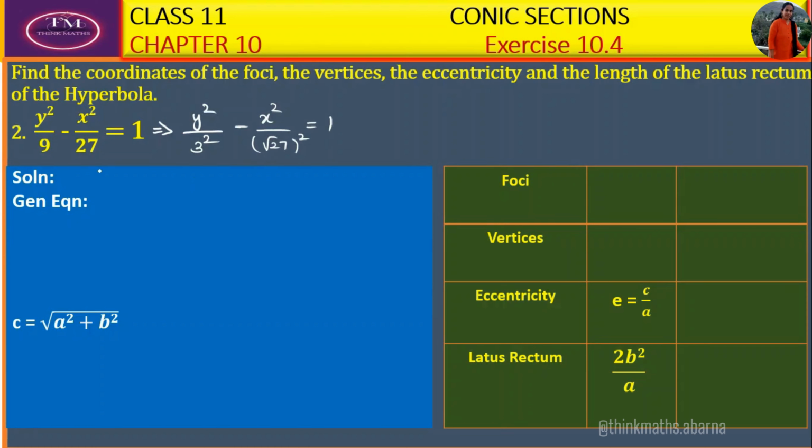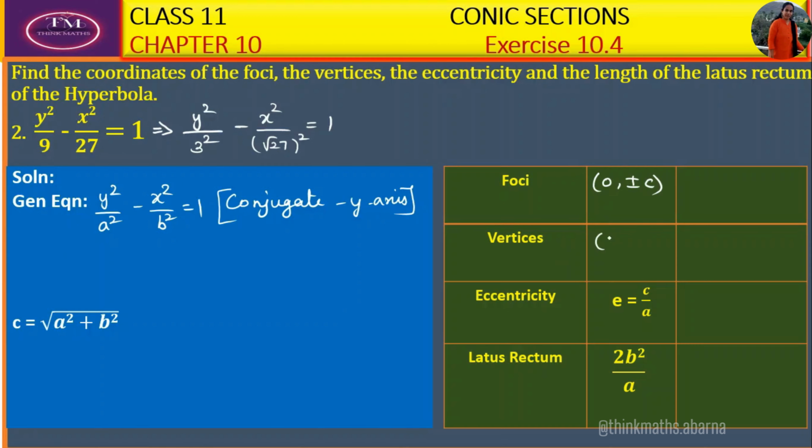So this equation is of the form y square by a square minus x square by b square equal to 1. If it is so, the axis is the conjugate, that is y-axis. If it is y-axis, the foci will be (0, ±c) and vertices will be (0, ±a).